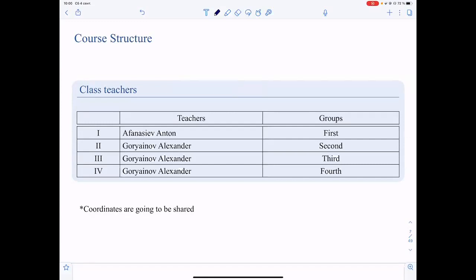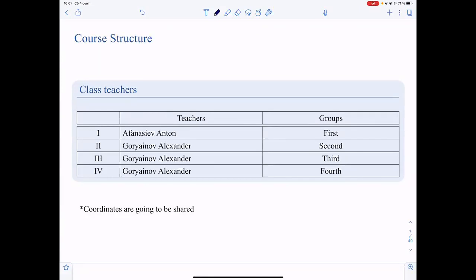Hopefully, if you see me on the campus, please say that you are one of my students. I would be happy to meet you offline. But currently, the classes are only going to be conducted offline. The first group is going to be conducted with Anton, and the rest 3 groups are going to be taught by Alexander. So these are your class teachers.